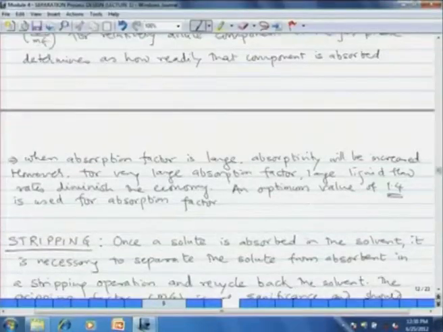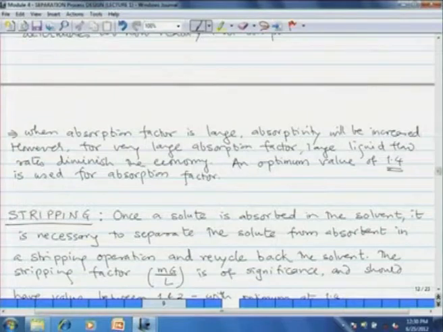The optimum value of absorption factor is 1.4. How it is explained is in the module of economic decision making of absorption column. So, I suggest that you watch that module to get the answer to why 1.4 is the optimum value for absorption factor.